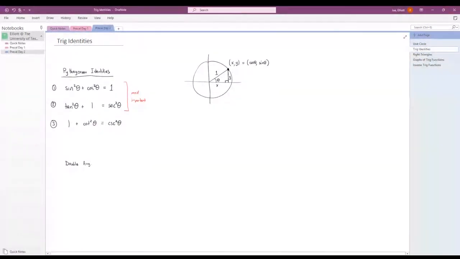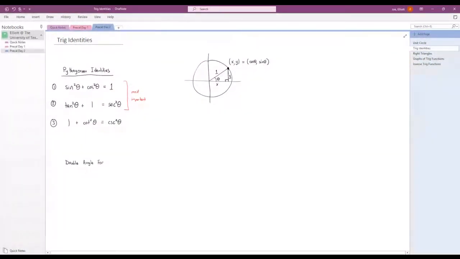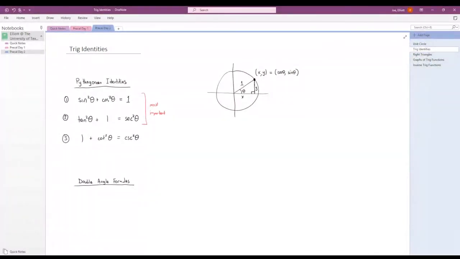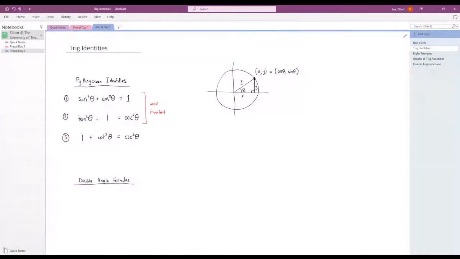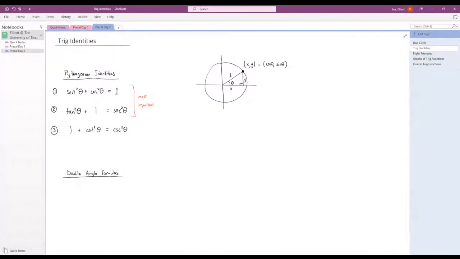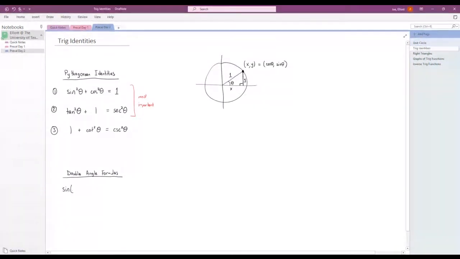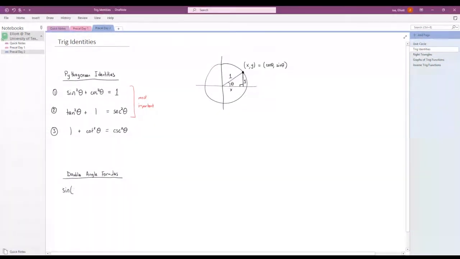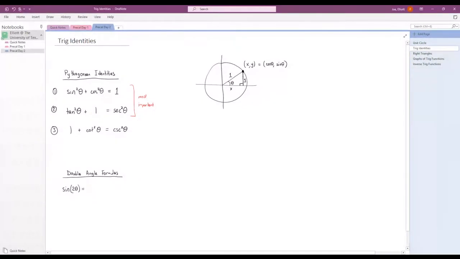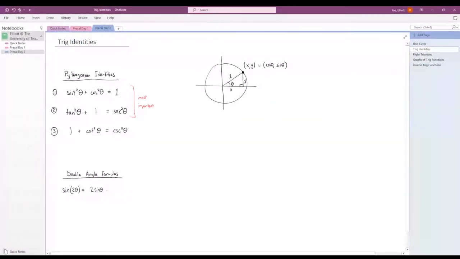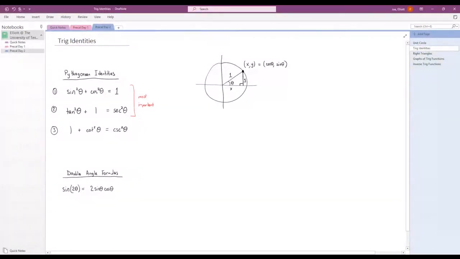The double angle formulas for sine and cosine come in handy often. The double angle formula for sine says that sine of 2 theta is equal to 2 times sine of theta times cosine of theta.